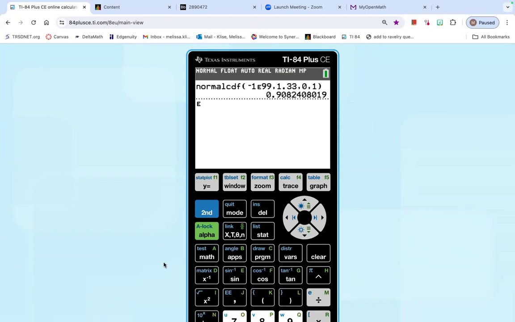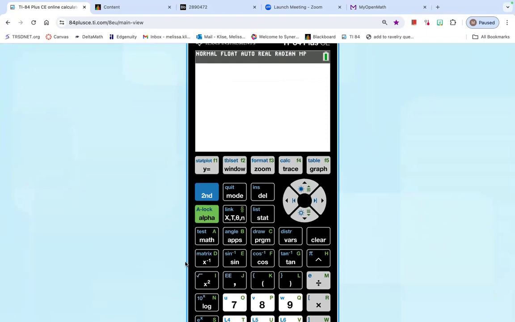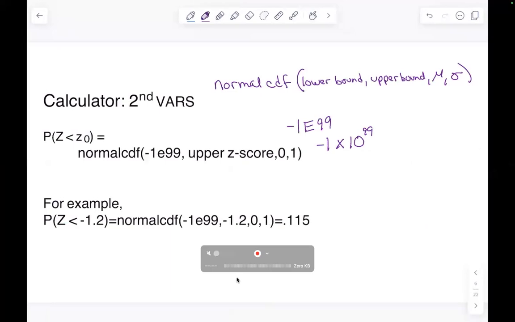Well, on my calculator, the E is green and it's above the sin. That's a different E. The EE that we have is specifically for scientific notation. I know it's confusing, but it's the E that's with the comma that we want. Gotcha. Yeah, no problem.